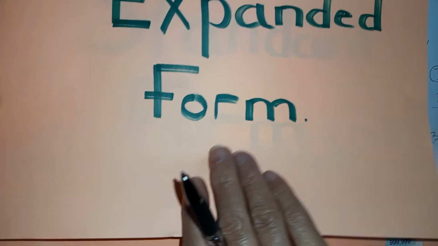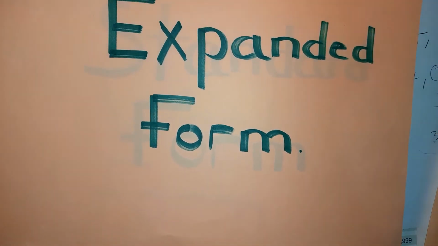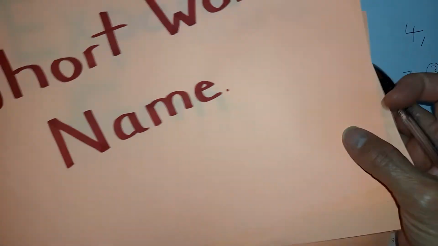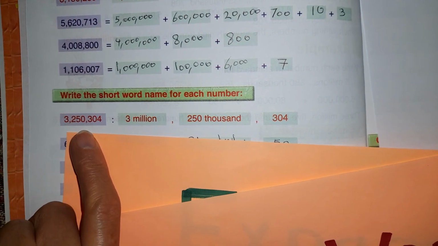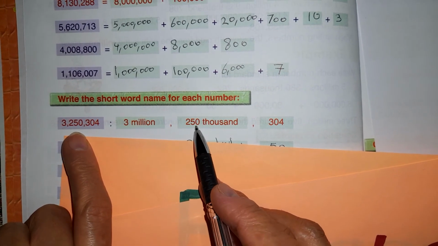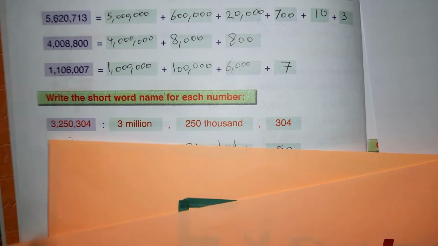This is a standard form. Expanded form when you write it using the value of each digit. Short word name when, as we said in the last question here, for example, they said for you 3,250,000, the name of the period, 251,000 with 304. This is for the ones.